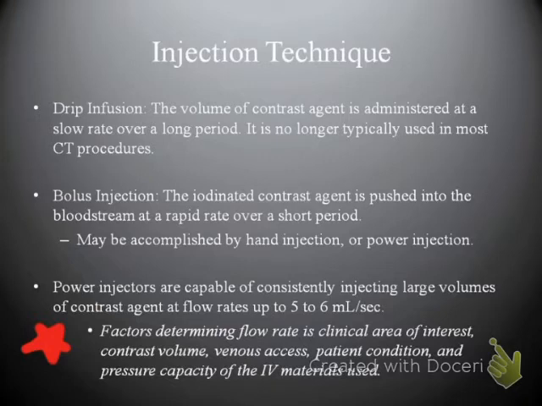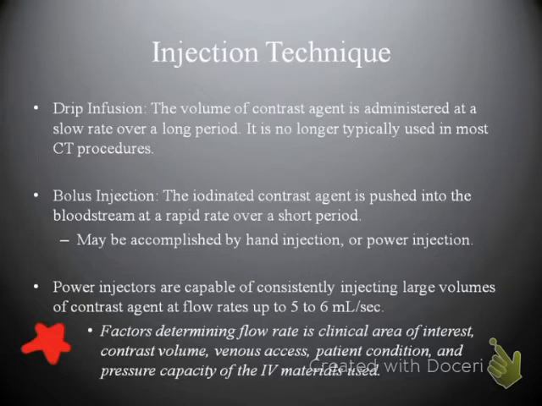Is the catheter very good, or is it kind of difficult to push? Are we not getting good blood flow? Are we sure that it's not extravasated? Things like that.